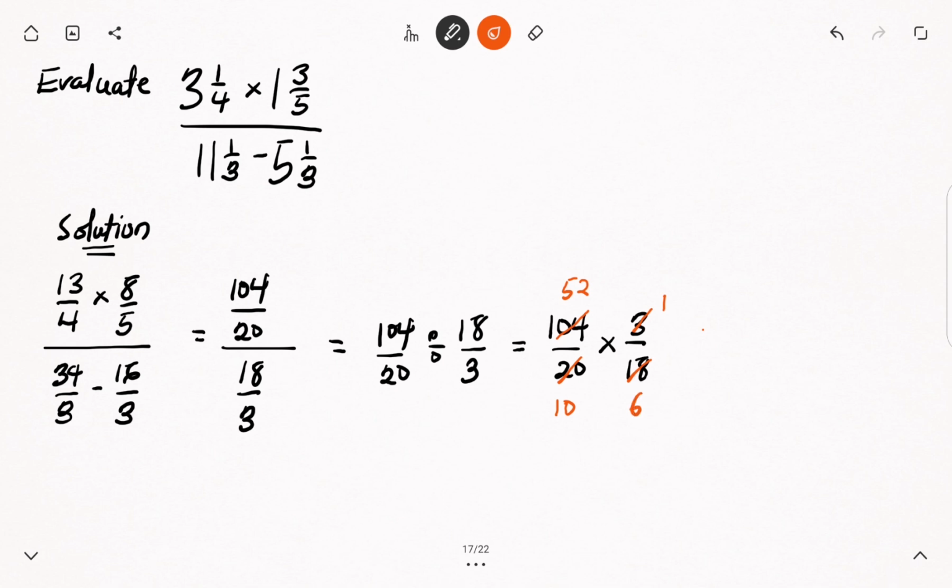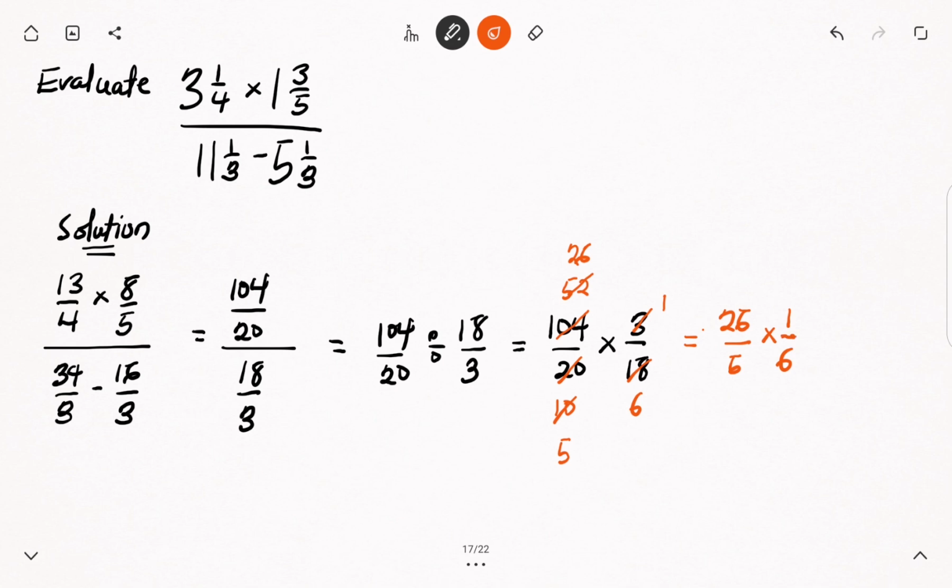Okay, so from here we have this. Now 2 can go into 52 26 times, and then 2 can go into 10 5 times. Now I have, let me write this, 26 on 5 multiplied by 1 on 6.